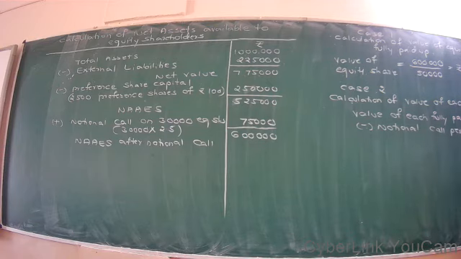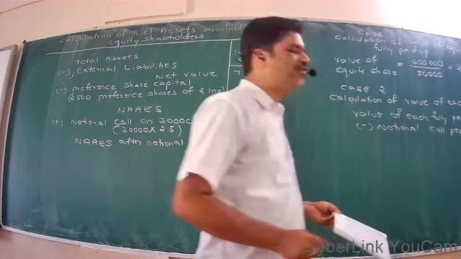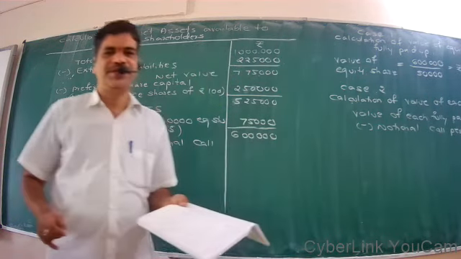So rupees 12 minus 2.5, rupees 9.5, is the value of partly paid equity shares.